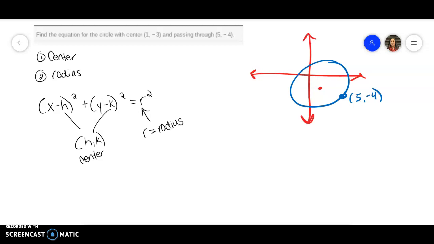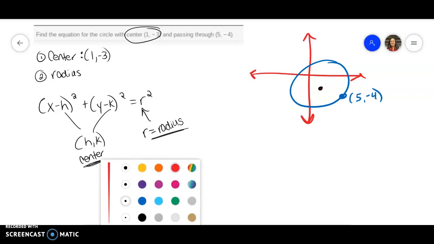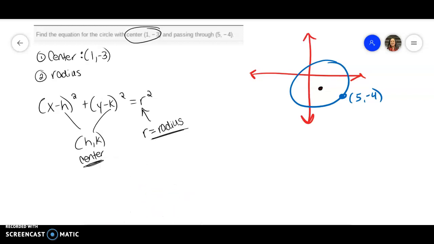So let's talk about those. That's the two things that you need. You need your center and you need your radius. But guys, they gave me the center of my circle. They told me that the center of my circle was at (1, -3). So what I know then is that my h is going to be equal to 1 and my k is equal to -3.